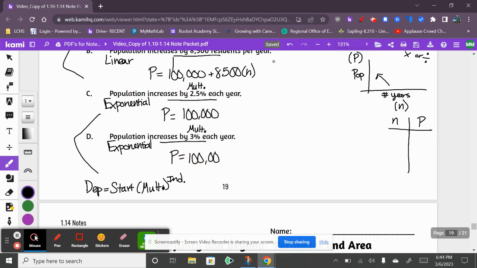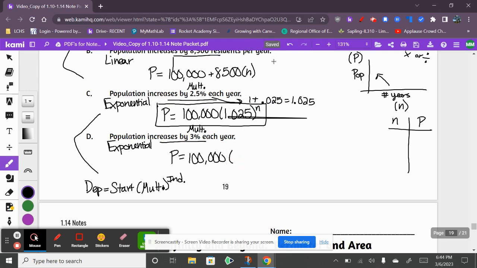Your multiplier for this one is going to be 1 plus 2.5 as a percent, which would be 0.025. So we would have 1.025. And our exponent is going to be N, the number of years. This one is very similar, except our multiplier will be 1.03, but N will still be our exponent.